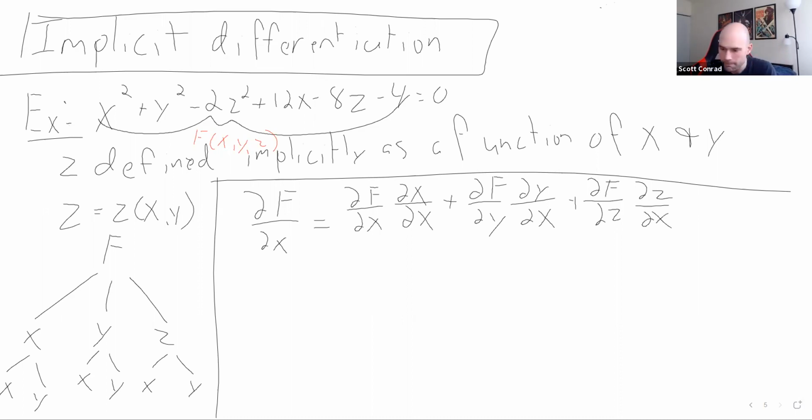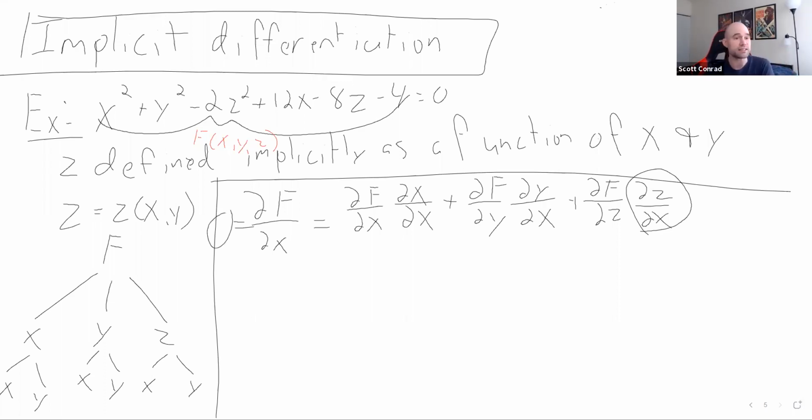Okay, ultimately, dz dx is the thing we want. In order to get it by itself, we use the fact that F of x, y, z is equal to 0. In order to define z implicitly as a function of x and y, we have to have an equation. So we put everything on one side, and on the other side we get 0.